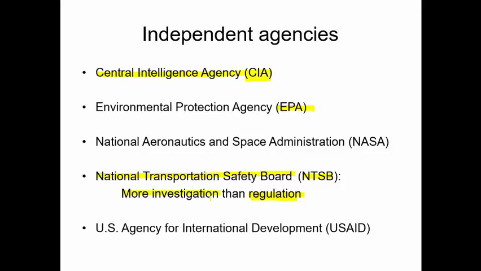So they cannot have that overlap or conflict of interest. The NTSB has to be able to investigate that problem without interference from the regulatory arm in the Department of Transportation. So that gives you an idea of why these agencies are independent.